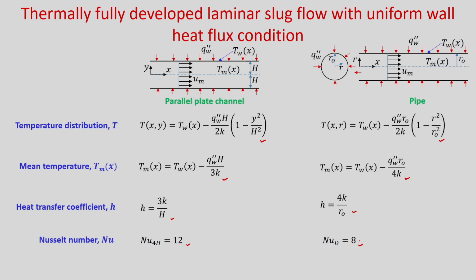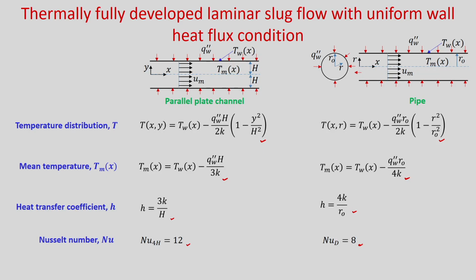And we have also discussed that if you consider hydrodynamically fully developed flow, then velocity will vary from u equal to 0 at the wall to maximum velocity at r equal to 0, and hence you will get less heat transfer in fully developed flow. Here we consider slug flow, as your velocity is uniform and constant, hence we got higher heat transfer for this pipe flow. That is 8, as we have shown, and in the case of hydrodynamically fully developed flow it is 4.36. Thank you.